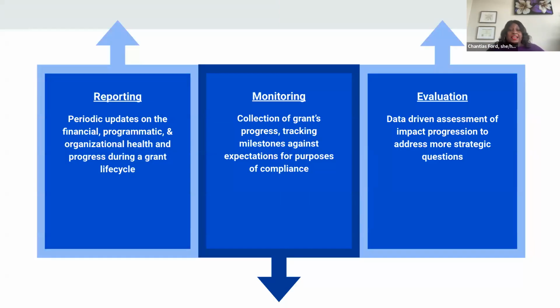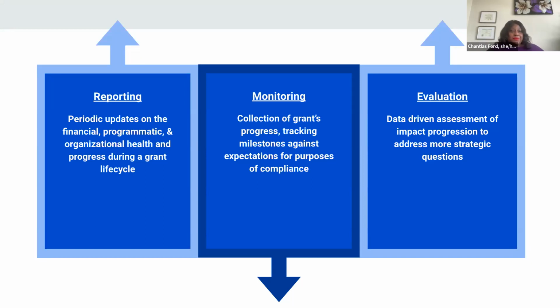But before we jump into that, I do want to give a bit of grounding and distinctions around the definitions, the way we define and identify these things. We use these terms interchangeably, and I also want to set the context and say that each funding institution is different in the ways you're utilizing these methods and the ways you're defining them. We talk about reporting as those periodic updates.